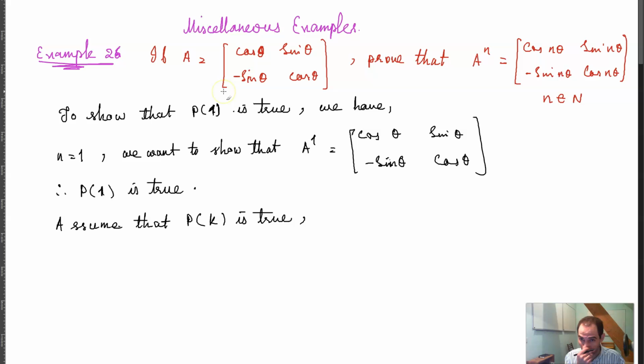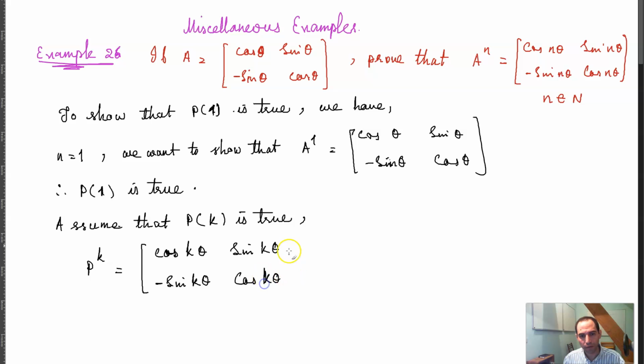I'm assuming that A raised to the power k is equal to the matrix cos of k theta, sine of k theta, negative sine of k theta, and cos of k theta. That is basically P of k.